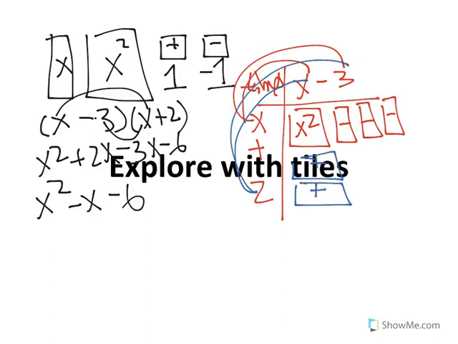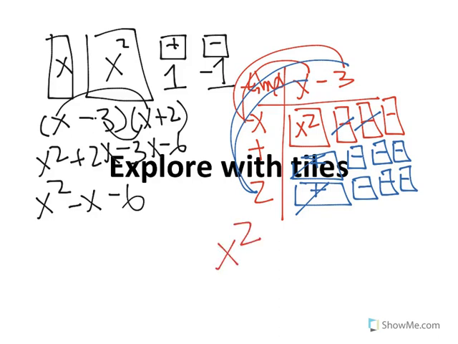And 2 times negative 3 is negative 6, so we have negative, negative, negative. Then a positive x and a negative x cancel out, and another positive x and negative x cancel out. So we're left with x squared minus 1x minus 6. So we see that this expression and this expression are the same.